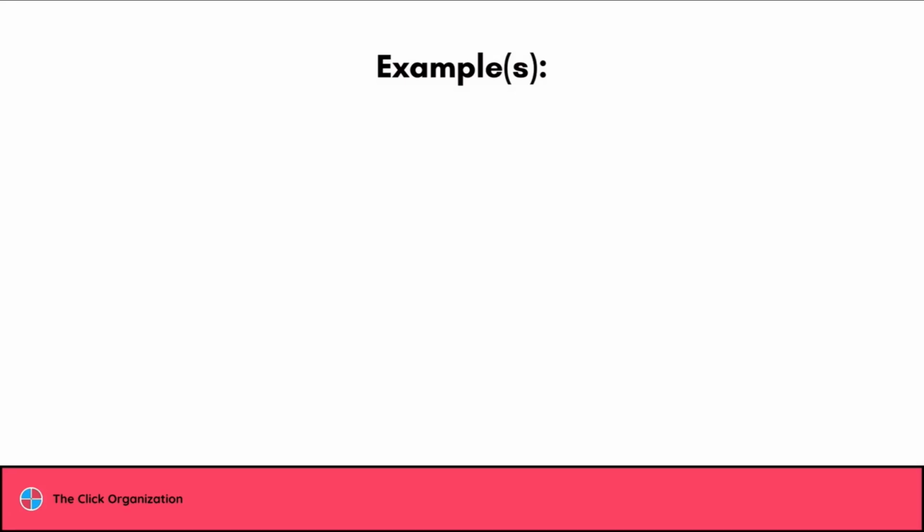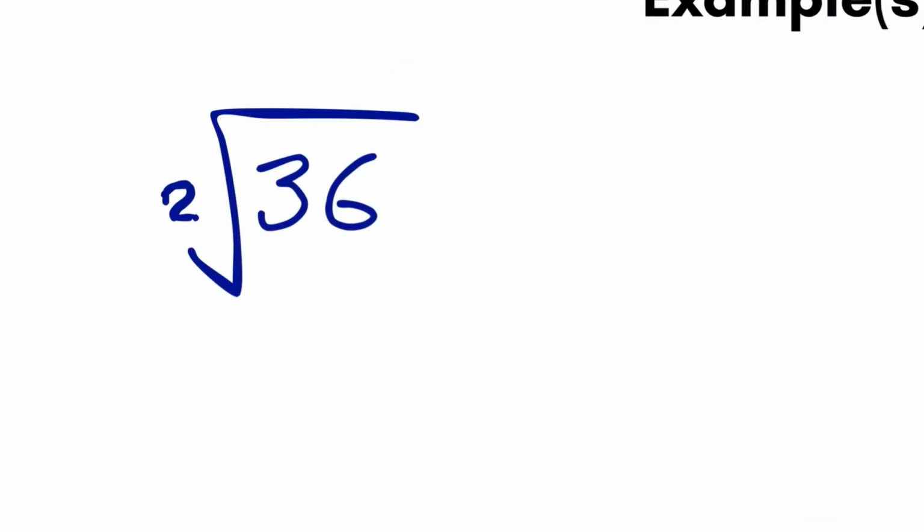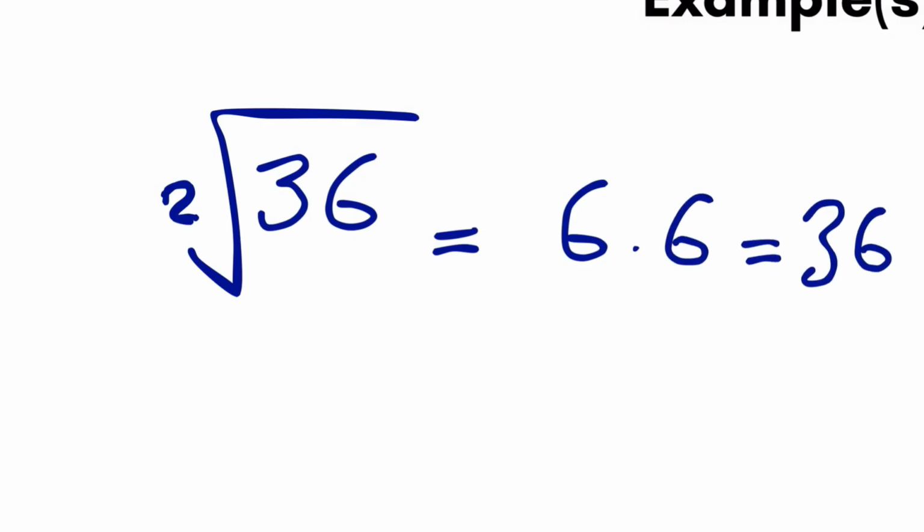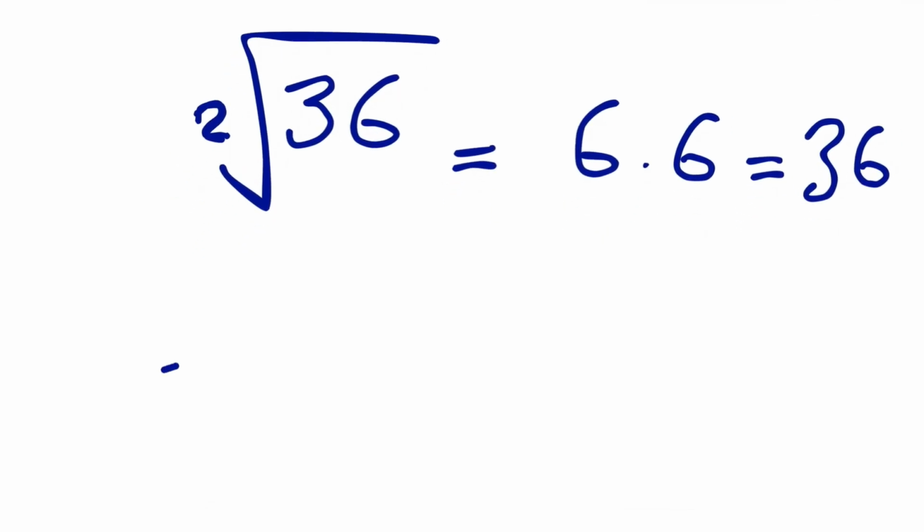Let's do some examples. The square root of 36 is equal to 6, because if I multiply 6 by itself, it gives 36. Another example: 7 to the power of 2 means 7 times 7, which is 49.